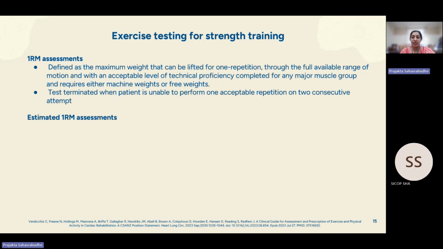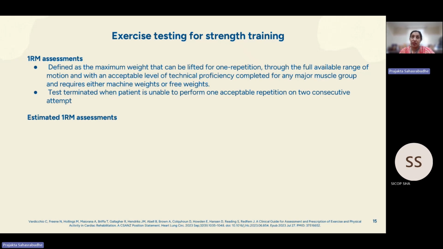So this is the best and gold standard method: with a dynamometer, you do a maximal repetition. Whatever is the value, it is taken as 1 RM. Now, sometimes this maximal isometric contraction may be contraindicated in cardiac patients in view of unstable blood pressure, or if the patient has a limited ejection fraction, so there may be poor circulation.